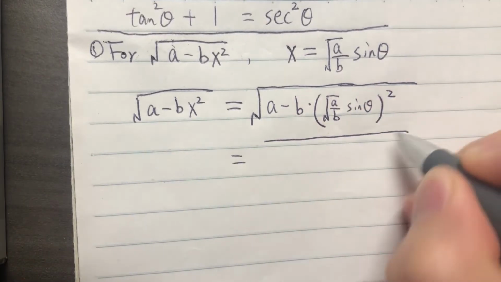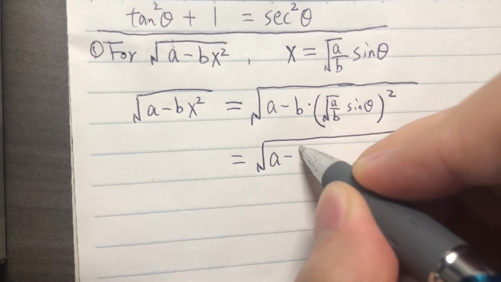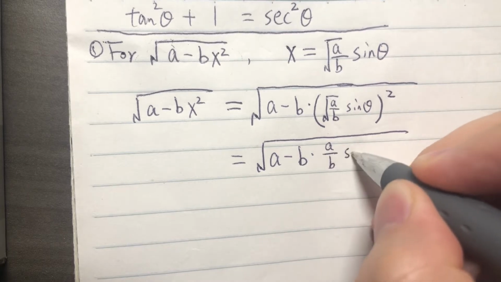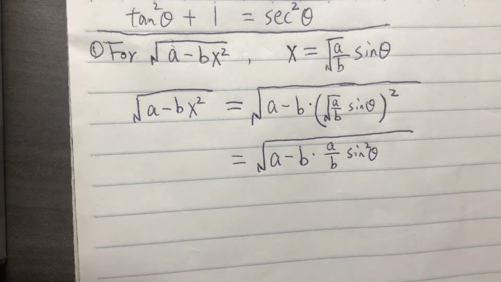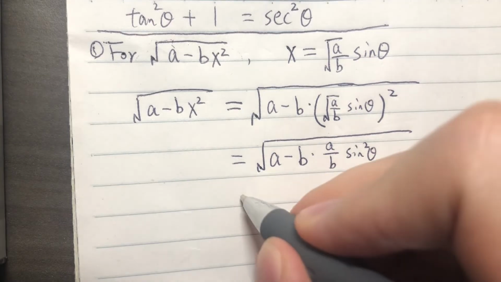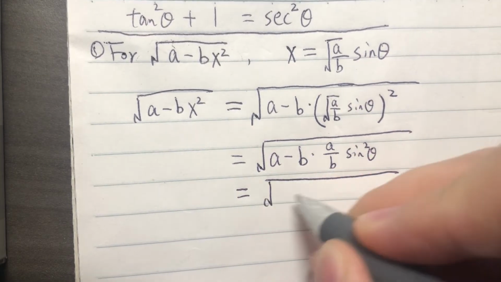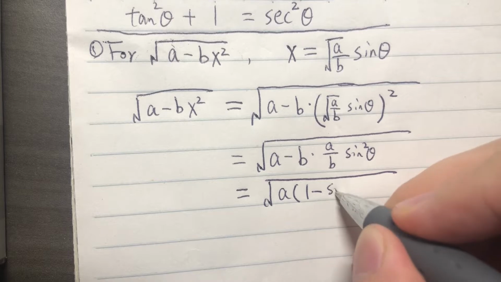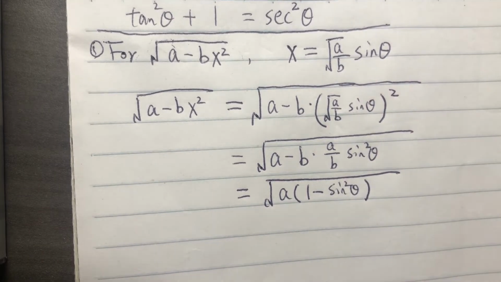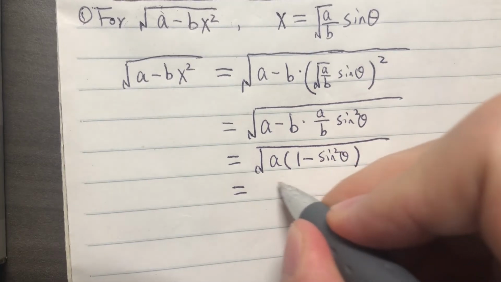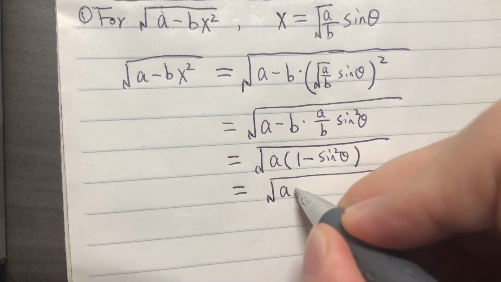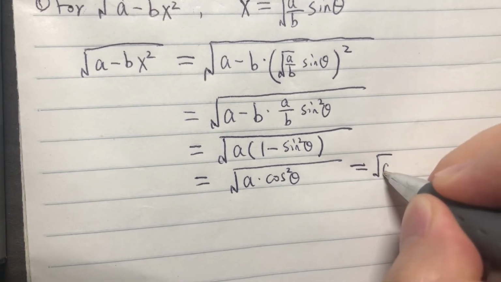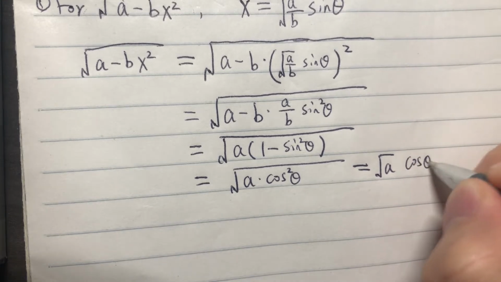This equals a minus b times a over b sine theta squared. You can take out a, and this is 1 minus sine theta squared, which is basically a times cosine theta squared. So this is the square root of a times cosine theta.